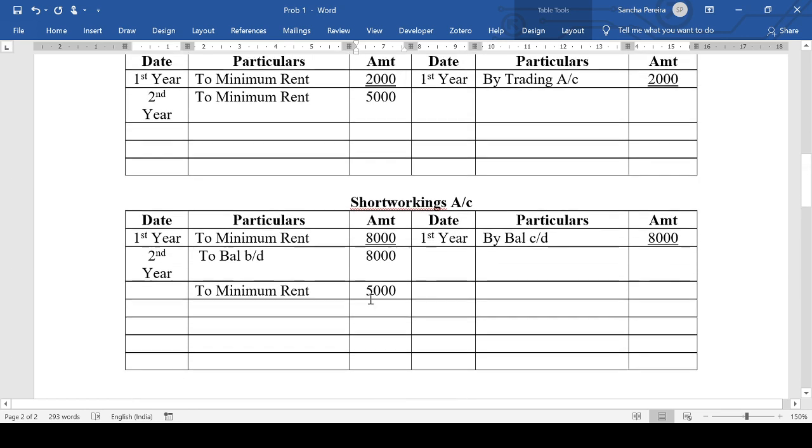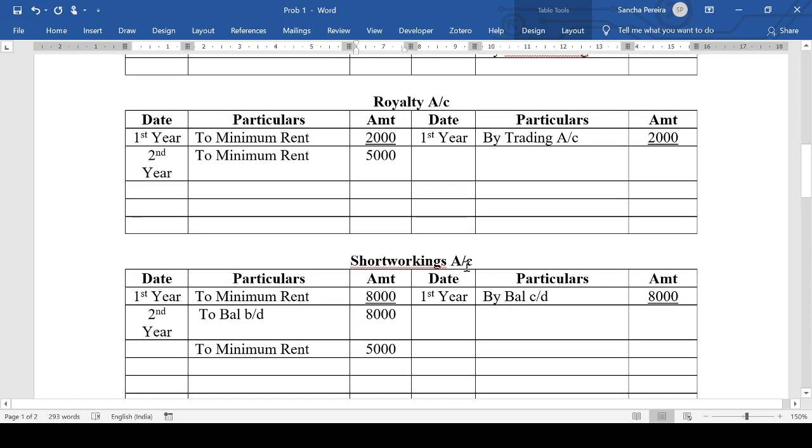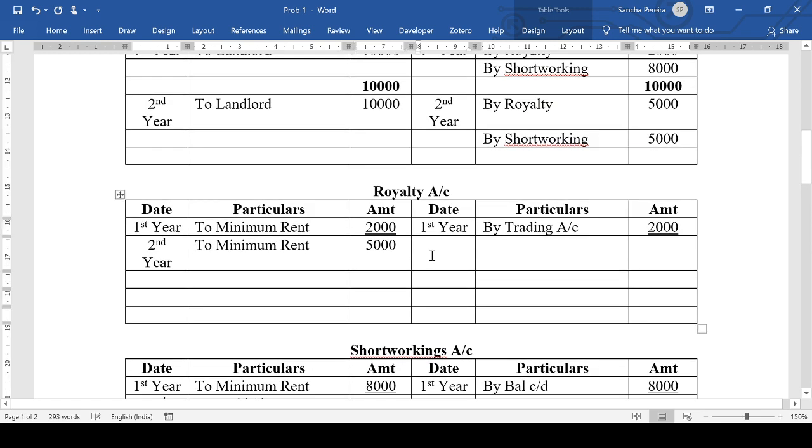And then the last one is transfer the royalties to the trading account, 5,000.